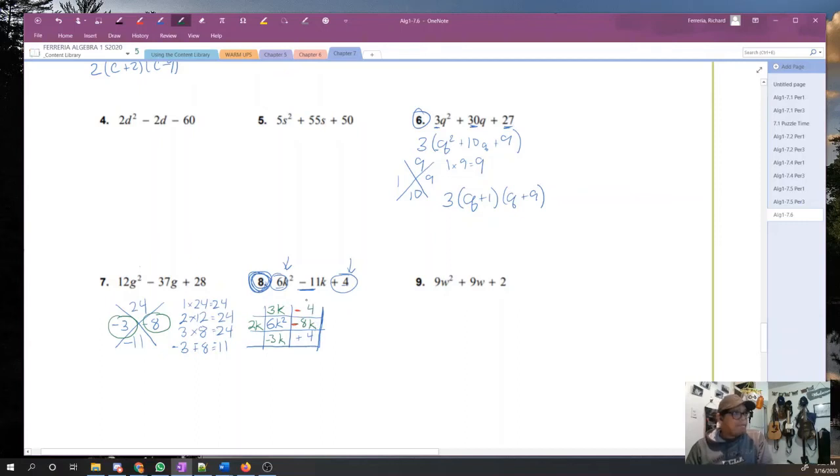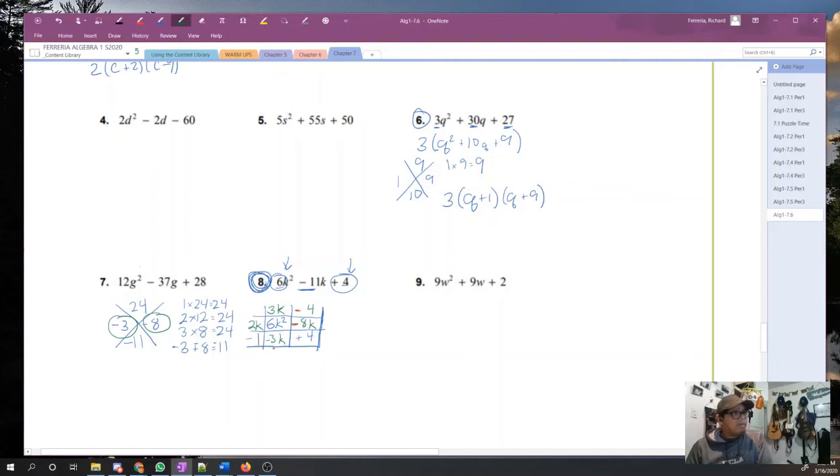Okay, so now we're going to divide again. What is 4 divided by negative 4?